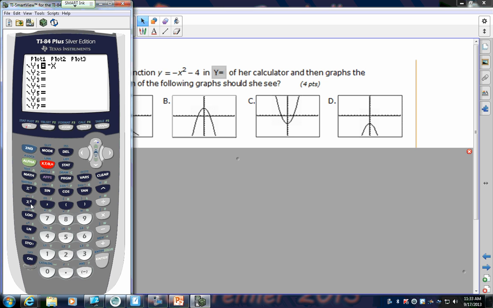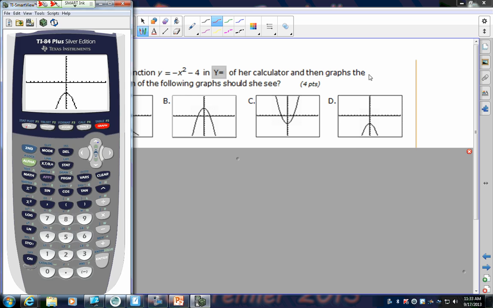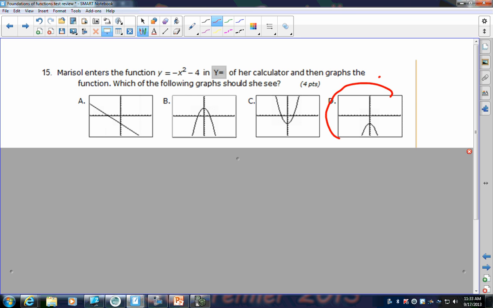The squared button is over here, diagonal from the 7. And all it asks us to do is put it into y equals and press graph. It matches and goes with D. So my answer is D, for number 15.